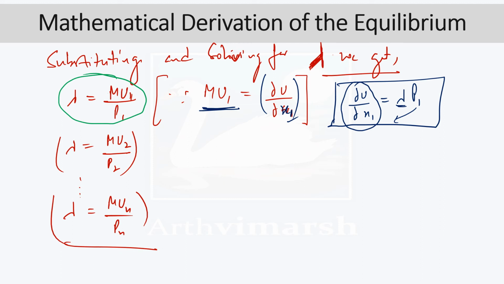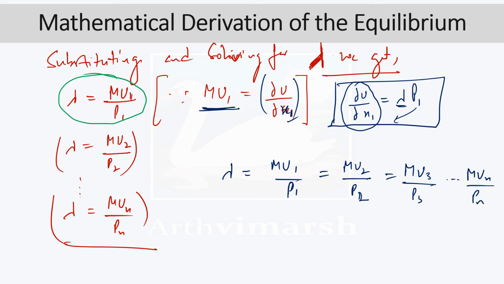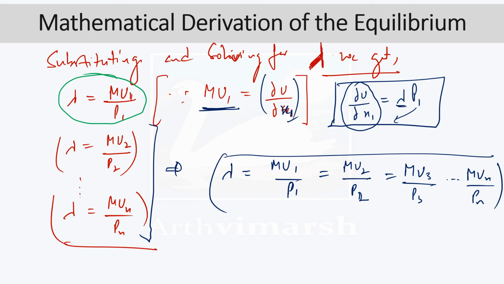Since this is all equal to lambda, lambda equals mu1 upon p1, the ratio of the marginal utility to the price for commodity 1, is equal to mu2 upon p2, is equal to mu3 upon p3, so on up to mun upon pn. So my lambda, the Lagrange multiplier, has this interpretation.